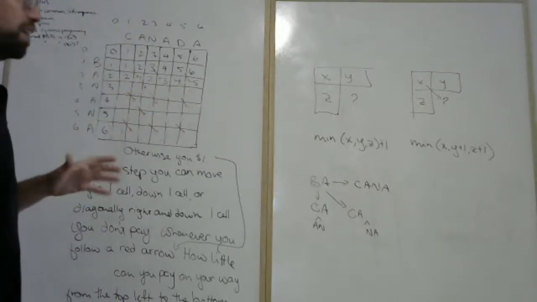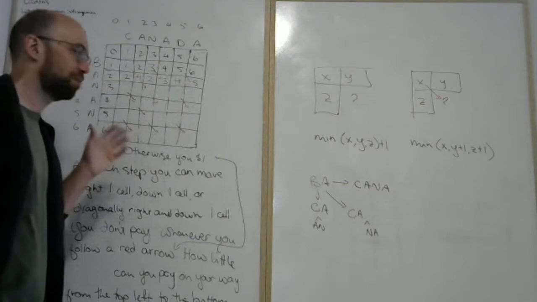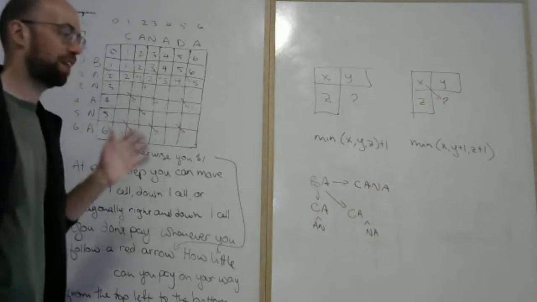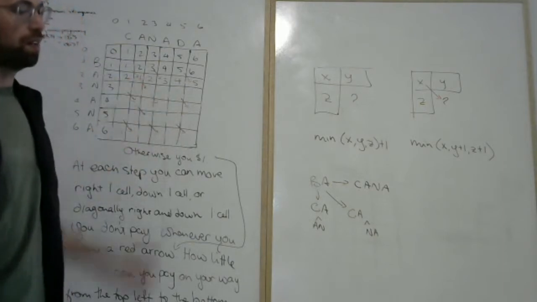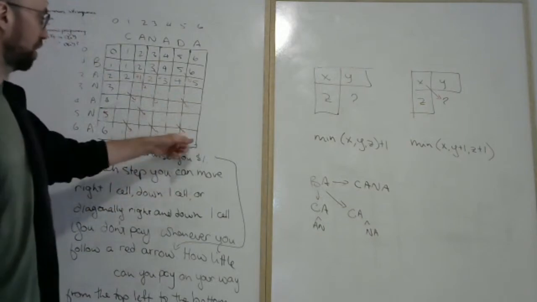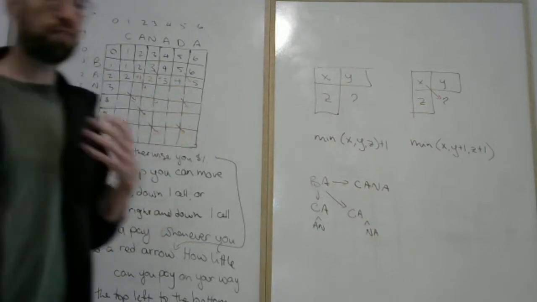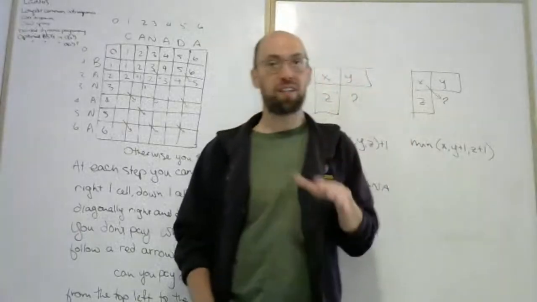And if you're sneaky about it, you can still use it a bit. So the simple thing is you can compute the edit distance using quadratic time and linear space.